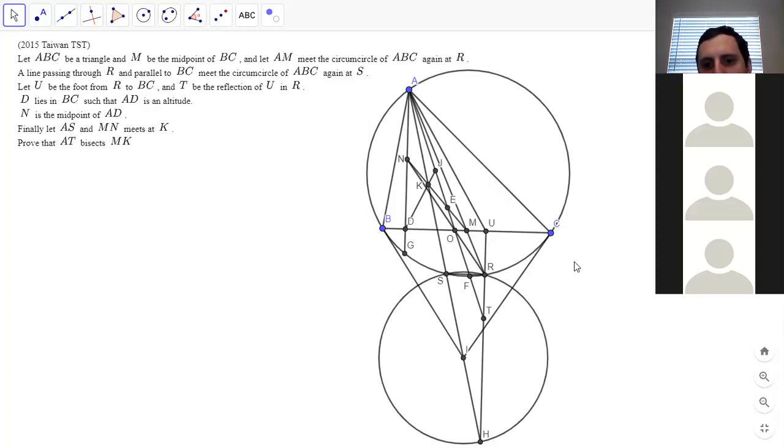They will be in harmonic conjugation, and when we project, they will project to D, M, O, U. And then if JU is parallel, when we project J to MN, E will be the midpoint of KM because U would go to the point at infinity. Ah, nice. So that is why it is sufficient. That makes sense. And I like how that uses the fact that R is the midpoint of TU.